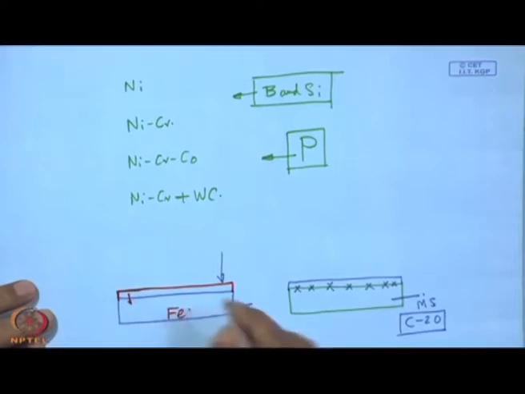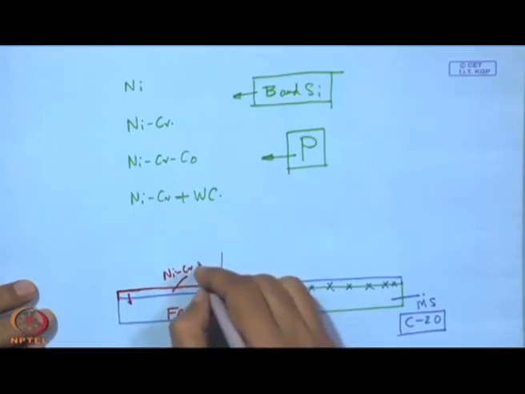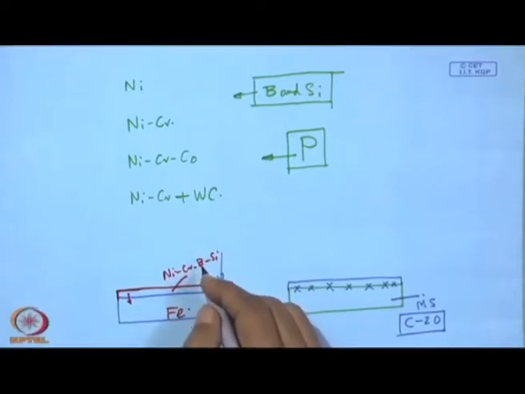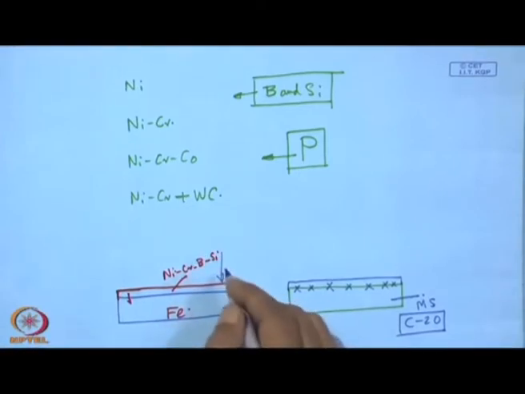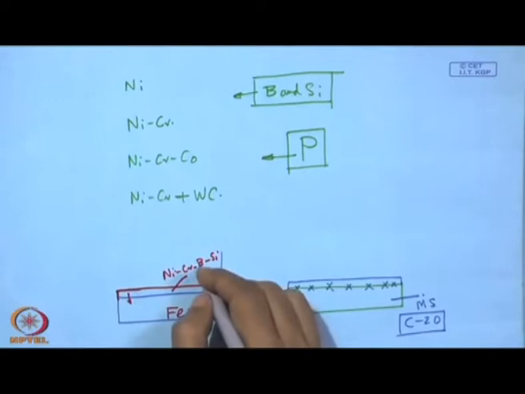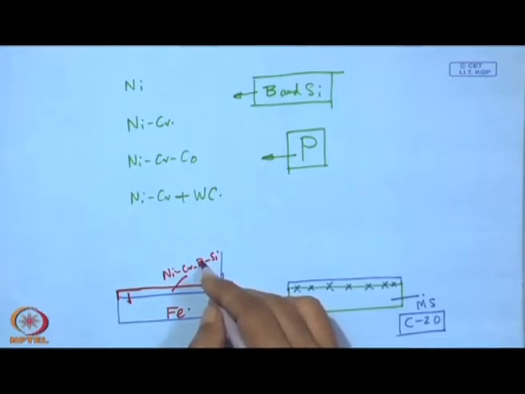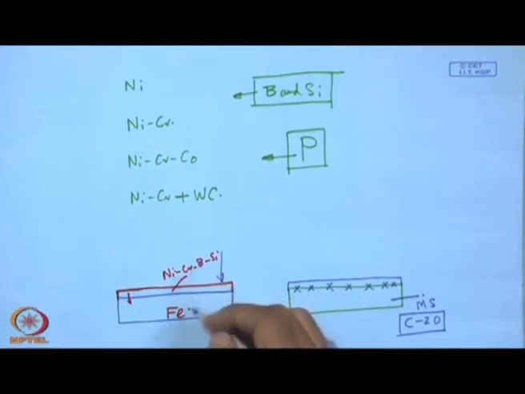So, this is basically iron, and this side we have nickel, chromium and boron and silicon, but now this material has less boron and silicon and more nickel and chromium, because most of the boron and silicon was engaged in preventing the iron from oxidation and also in diffusion, because boron and silicon have a very good affinity for iron. So, this side we have migration of boron and silicon.